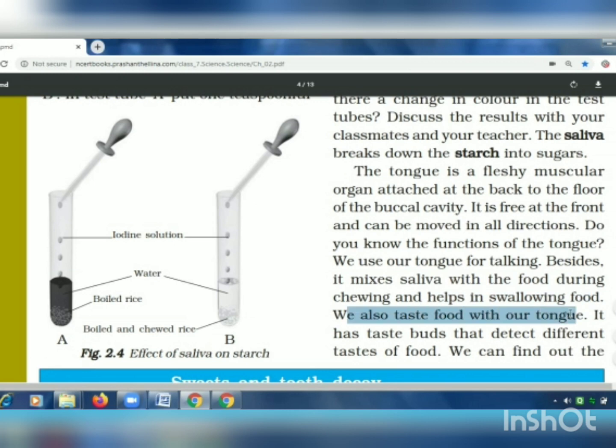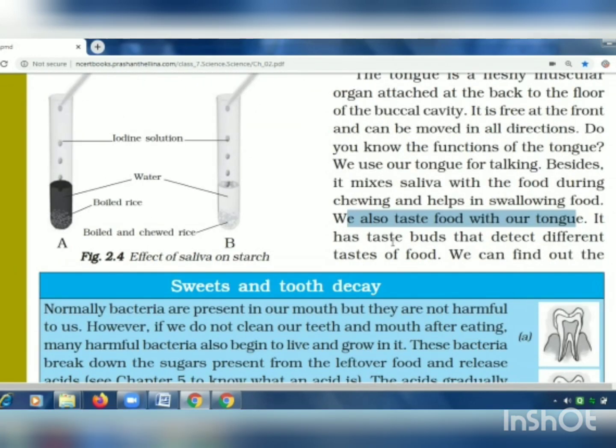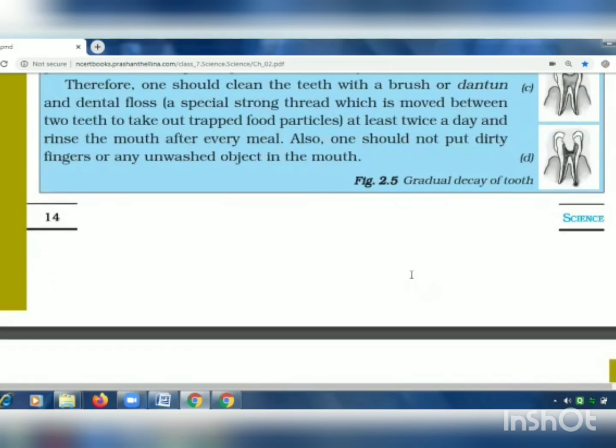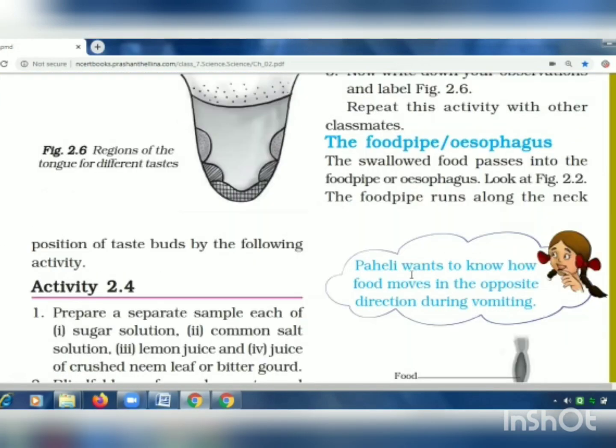We taste food with our tongue. Why? Because it has taste buds, which can detect the different tastes of the food that we put in our mouth. Now, there are different regions of the tongue for different tastes.